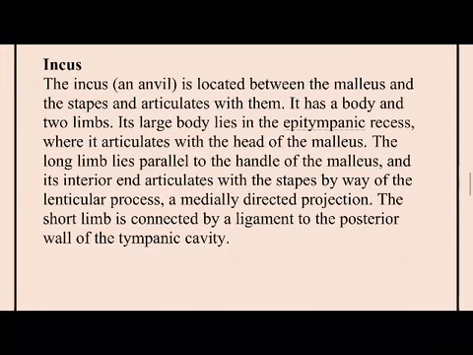The body is large and it lies in the epitympanic recess. Here you find the body articulating with the head of the malleus. The long limb of the incus lies parallel to the handle of the malleus.